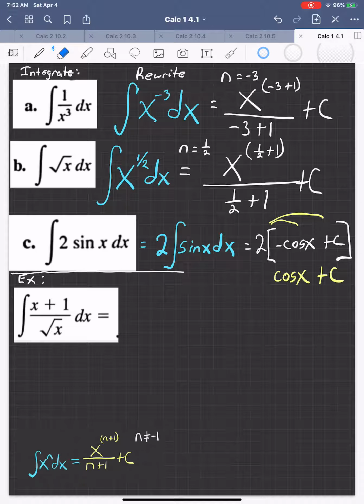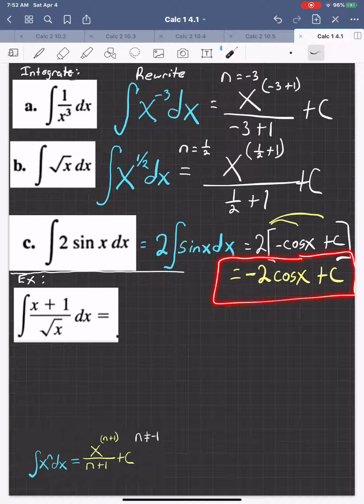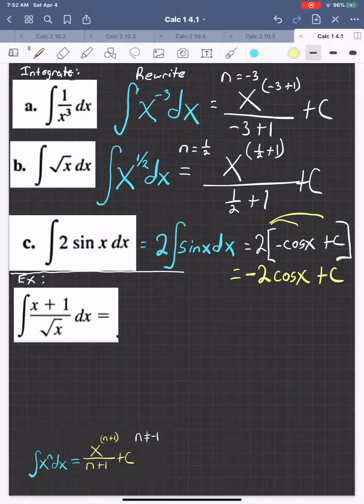Now, I know that for many of you, you would think about that as being 2c, right? 2 times c is 2c. I just want you to understand that since you don't know what c is, it's quite irrelevant to talk about double c. So this is the way that I will be writing my answers. But I won't fault you if you were to ever distribute a 2 to the constant of integration. That's, of course, not a problem at all.